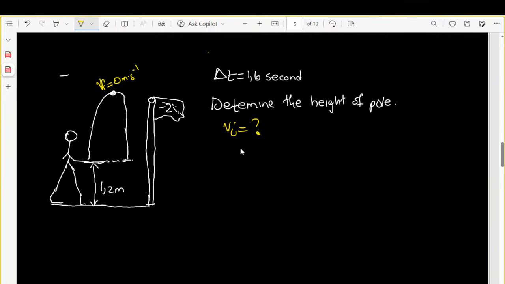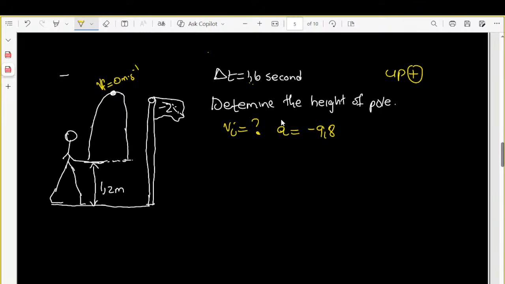I'm coming to that. And then the acceleration of this ball will be what? Let's take up as positive. So the acceleration moving down will be negative 9.8. Okay, so what about the time? They said it takes 1.6 seconds. Let me go back so that I can explain what this 1.6 is.